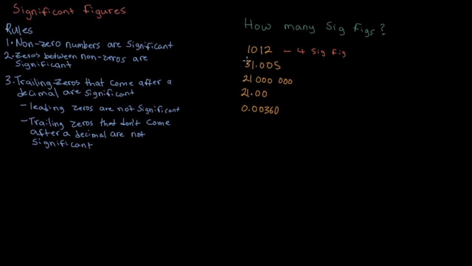It's sort of a similar deal here. We do have zeros that come after a 5, which is after a decimal, which is okay. The zeros between the non-zero numbers, so all these numbers right here, are considered significant. So 1, 2, 3, 4, 5. So this number has 5 significant figures.